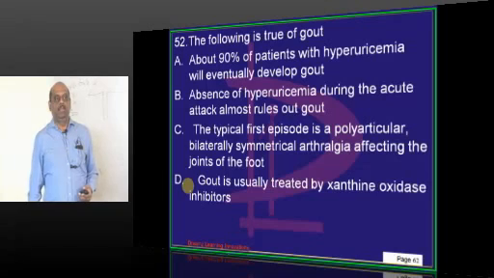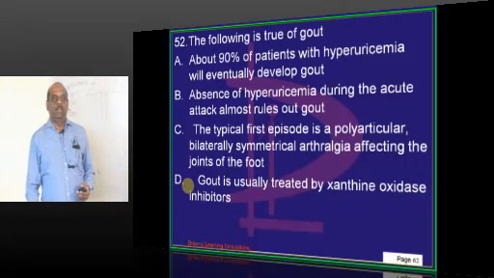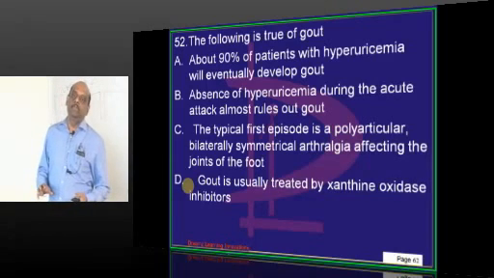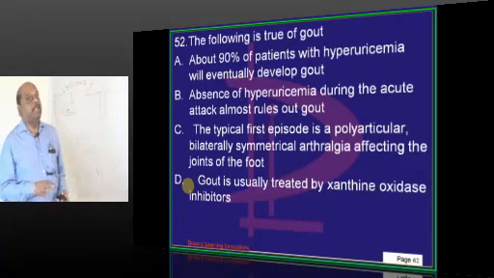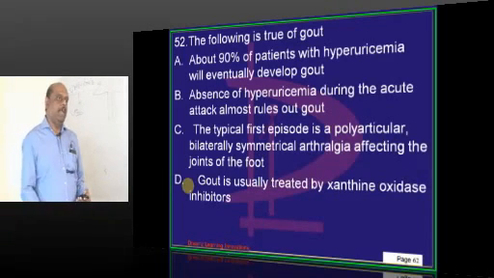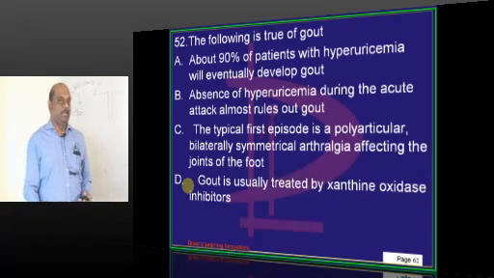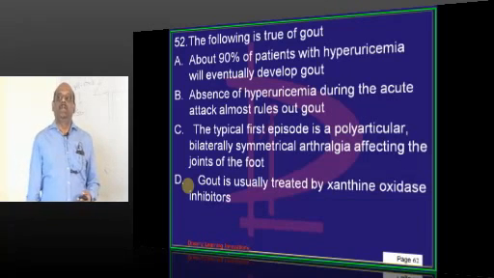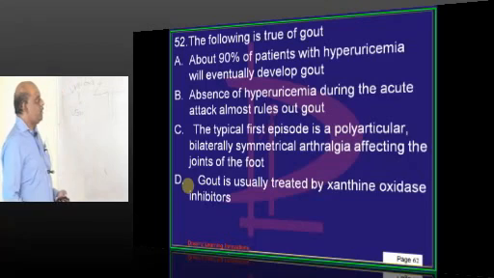Now doctor, regarding gout, how do you treat gout? Gout is basically treated acutely using colchicine and NSAIDs like indomethacin. Long term we use allopurinol as the treatment for gout. We have the uricase derivatives, the newer derivatives which are used to treat hyperuricemia, is what needs to be remembered.